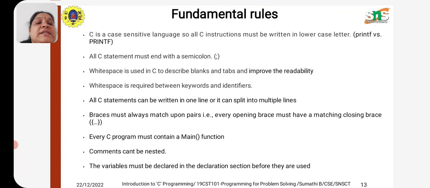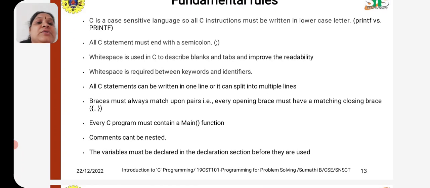It is a case sensitive language. Wherever you need small letters, it has to be in small letters, and wherever you need caps, you use caps. All C statements should end with a semicolon, and white space is used in C to describe blanks and tabs and improve readability. White space is required between keywords and identifiers.